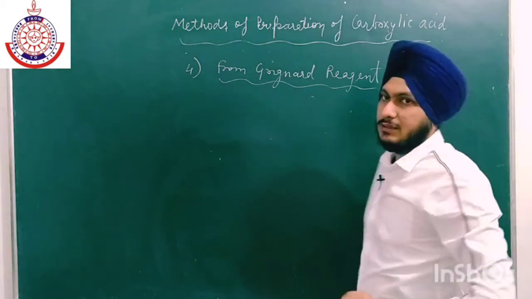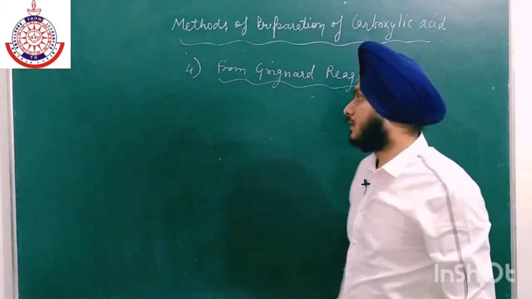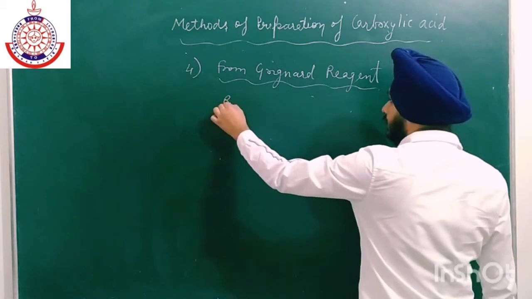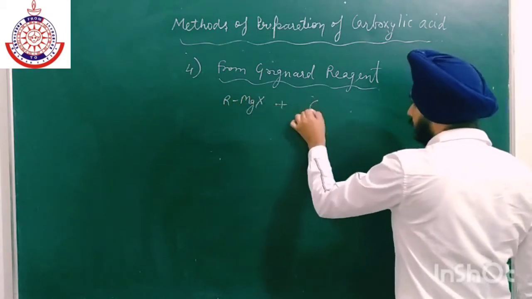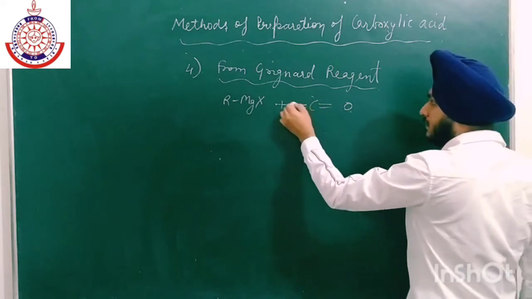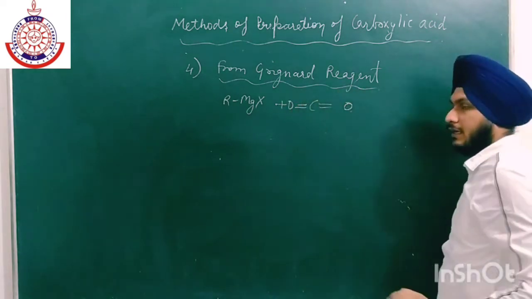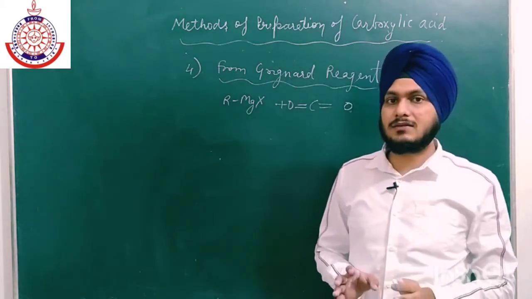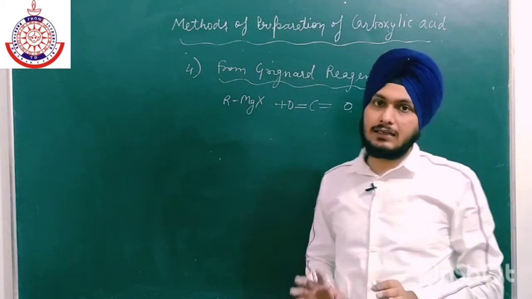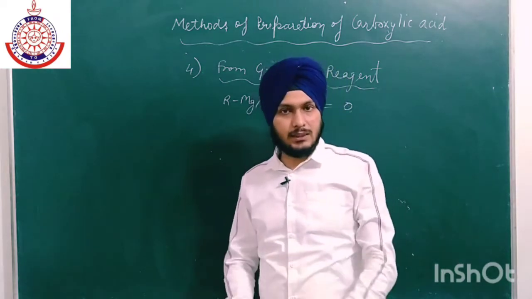Now what is this method? We have to react Grignard reagent, RMgX, with carbon dioxide, followed by hydrolysis, because we all know that in all the reactions of Grignard reagent, the last step is 99% hydrolysis.